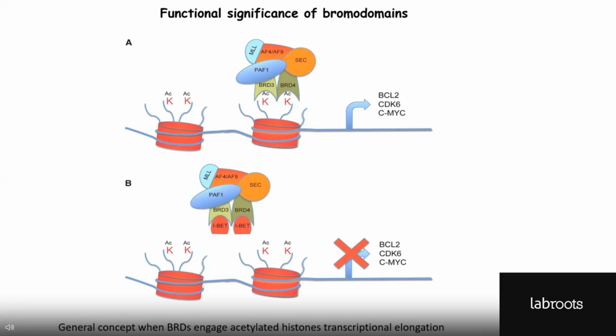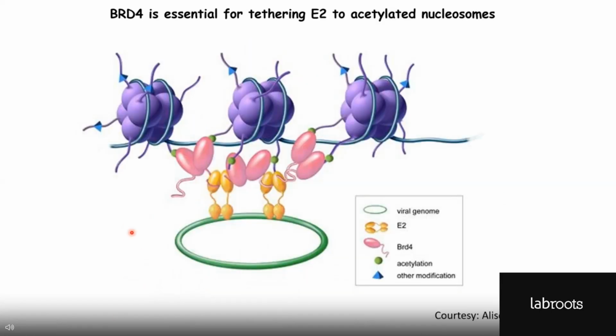So in the context of HPV, BRD4 is essential for tethering E2 to acetylated nucleosomes, and this is an episomal state, and then it tethers to these acetylated nucleosomes and is known to regulate mitosis as well.